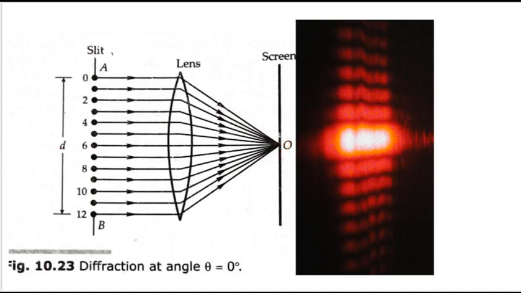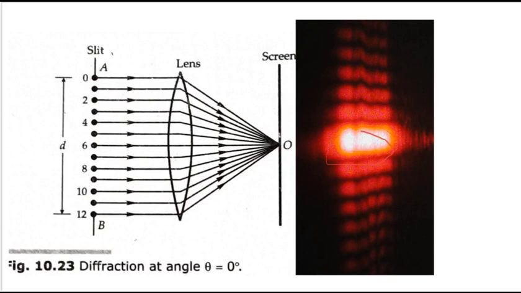Can you see? All of the light, they go and contribute at this point O. So at this point O, you have the maximum bright spot. Can you see? It is very bright as compared to this one, this one, this one, this one, this one. Can you see? So it has the maximum intensity.